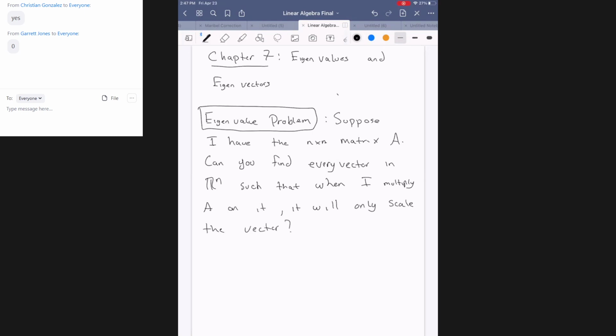I take the vector, I multiply A on it, and it scales it by some constant.